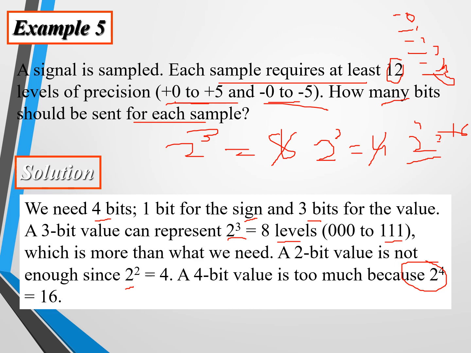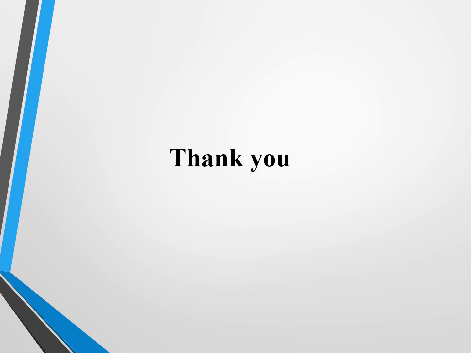Students, let's conclude what we have studied today. We have studied how we will convert analog data to the digital signal. For this, we have the method called the pulse code modulation method. The first step of that is sampling of the data, then the quantization of the data, and the encoding of the data.